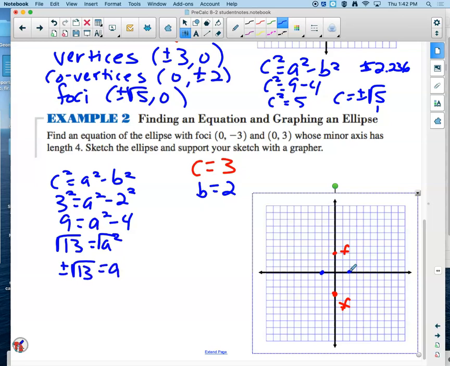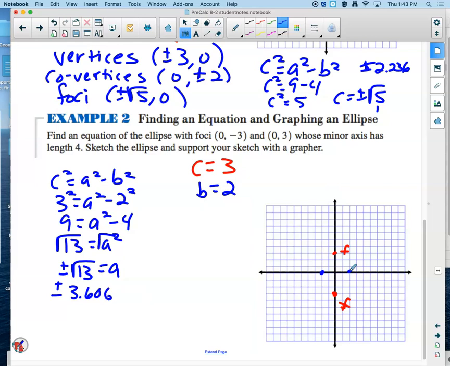If I could simplify that, I would, but what I really need to know is what is that as a decimal, because I need to graph that. So it's plus or minus 3.606 for a. And that goes on that major axis, which is where the foci are at. So 1, 2, 3.6.